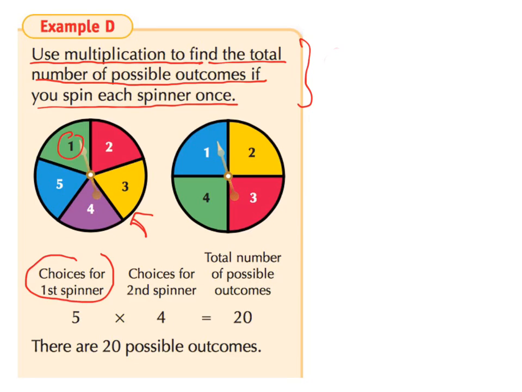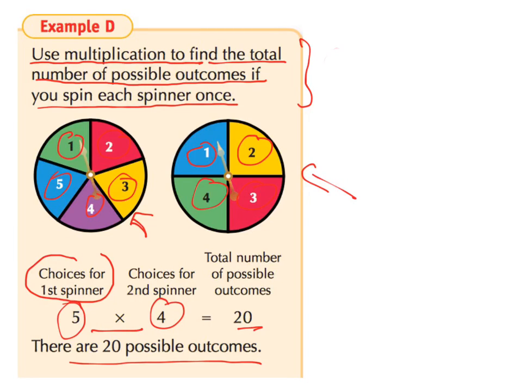There are 5 choices: 1, 2, 3, 4, 5. In the second spinner, there are 4 choices. So what are the total possible outcomes? Multiply them. 5 times 4, 20. So there are 20 possible outcomes for the 2 spinners.